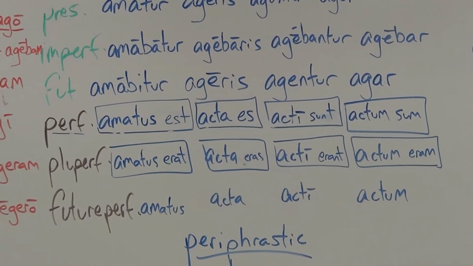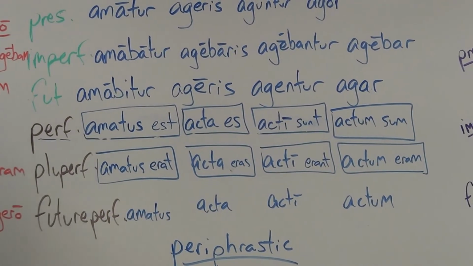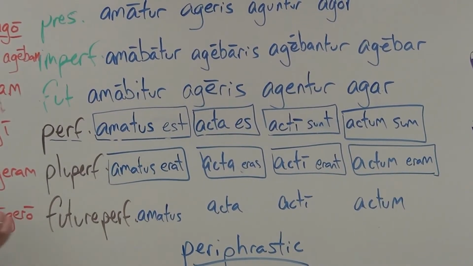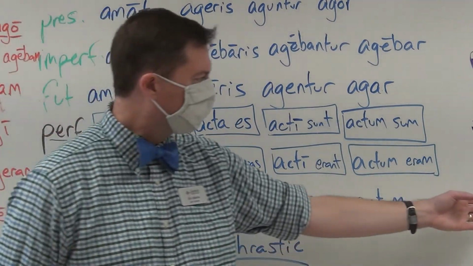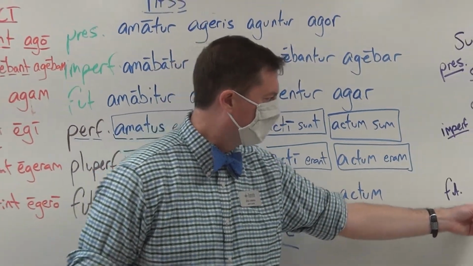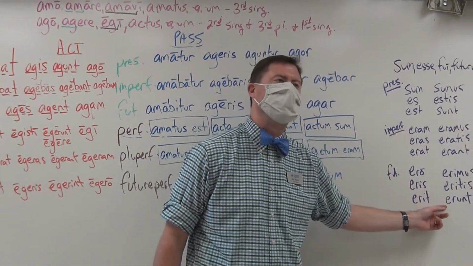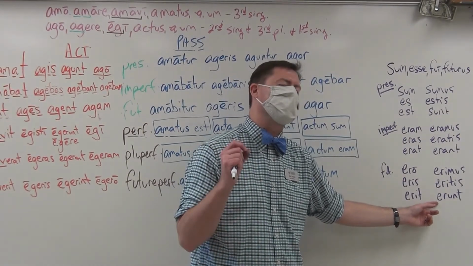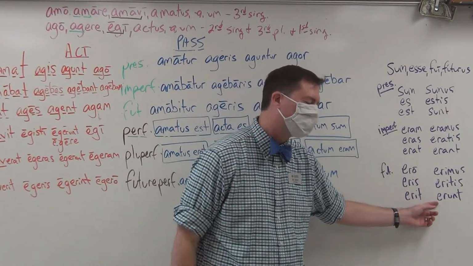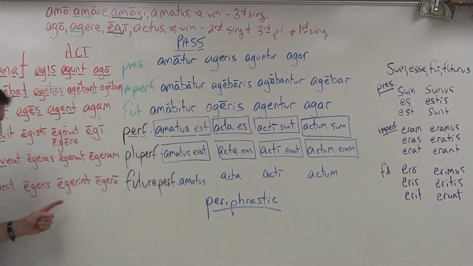Likewise for the future perfect. You will now use the future of the verb to be to pair with the perfect passive participle to create a future perfect passive verb. And we see them over here. Ero, eris, erit, erimus, eritis, erunt. When it is the future of to be, it is erunt. When it is a perfect ending in the active, it is erint.